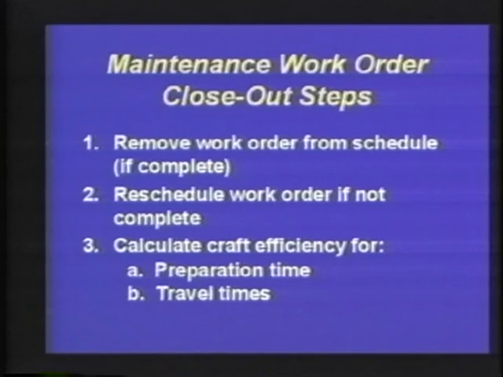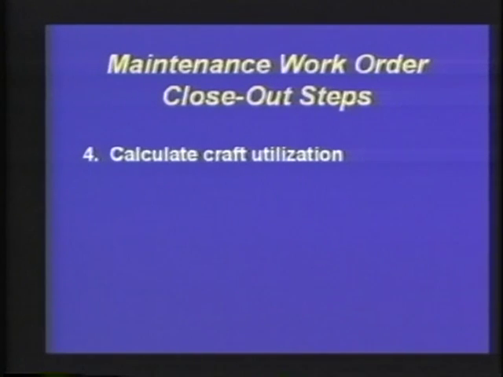Now the third step is to calculate efficiency. Efficiency is the analysis of the actual time on the job to the estimated time. And again, we could do this by the prep time, the travel time, and actual time on the job. Step 4 is the calculation of utilization.